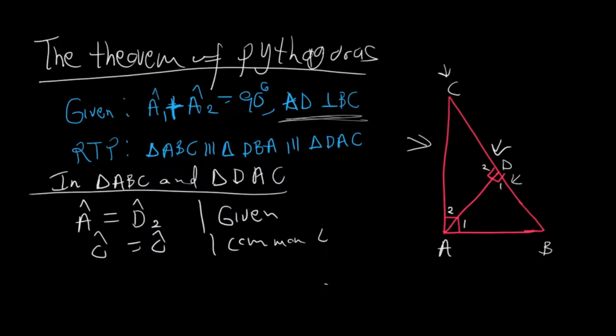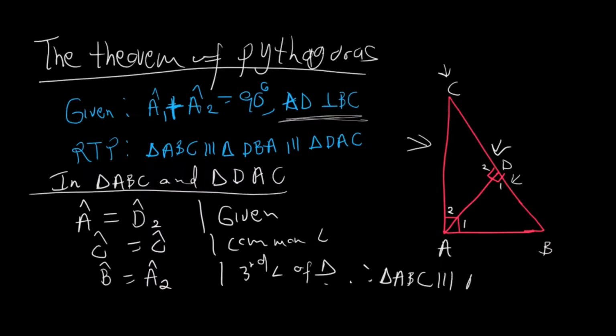And angle B equals angle A2. So this is the third angle of the triangle. So you've proven 3 angles. That concludes that triangle ABC is similar to triangle DAC.